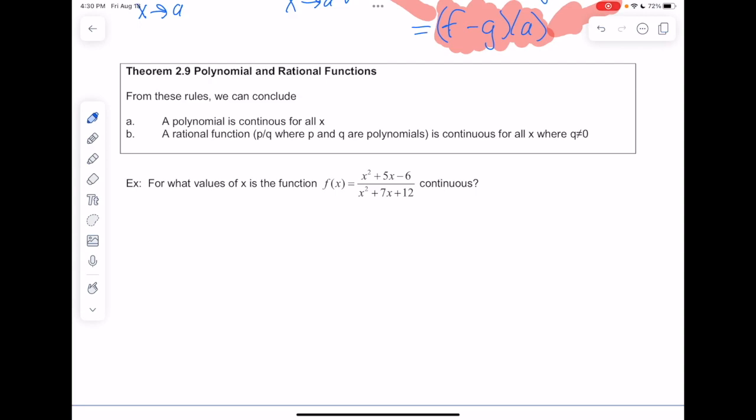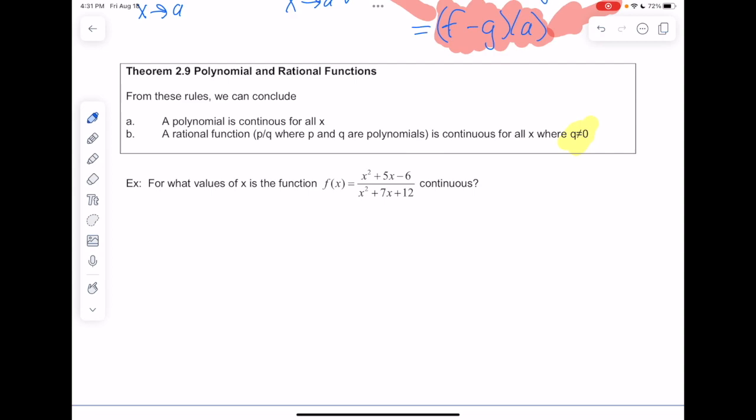And then a rational function is just the division of two polynomials, and so that division would also be continuous as long as you're not getting a zero denominator. So our second rule, part B, says that if you take a rational function, p over q, where p and q are polynomials, that is going to end up being continuous for you as long as you're not getting a zero in the denominator.